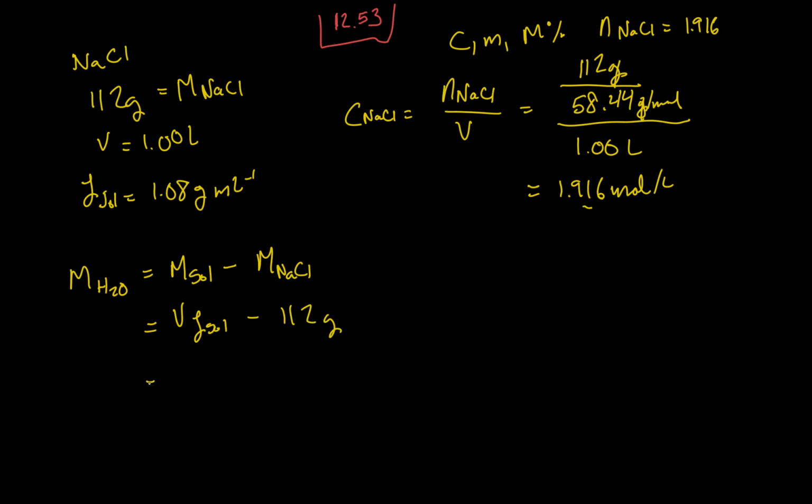We have to be a little careful with the units here, because we've got a liter multiplying something with milliliters, so we multiply by 1,000, because we've got 1,000 milliliters in 1 liter.